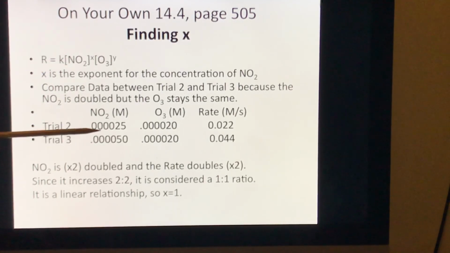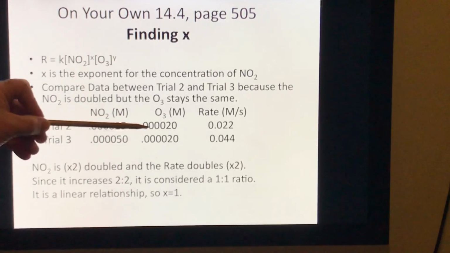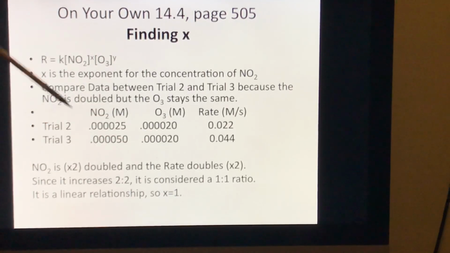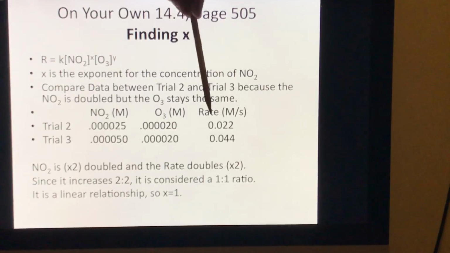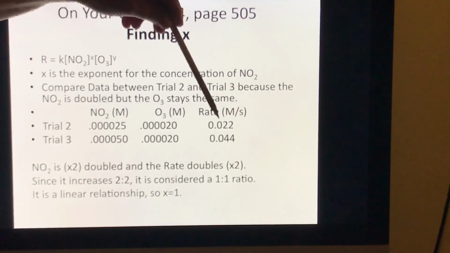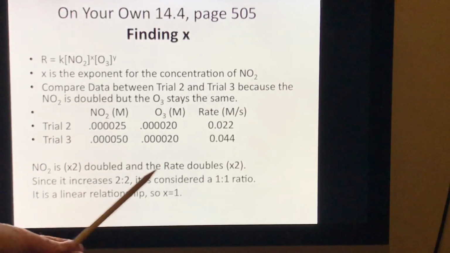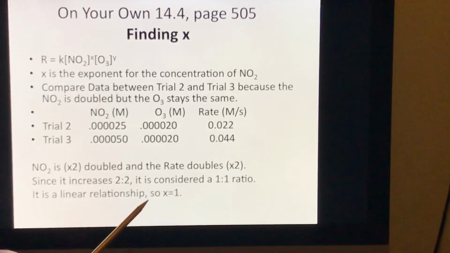The NO2 is doubled, but the O3 stays the same. So we're comparing this column to this column here. This is doubled and this is doubled, which means it's a 1-to-1 ratio. So X equals 1.